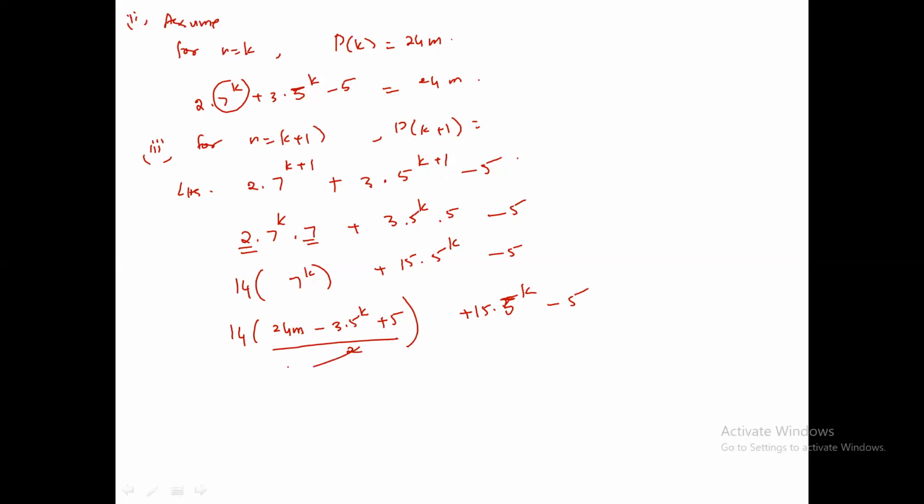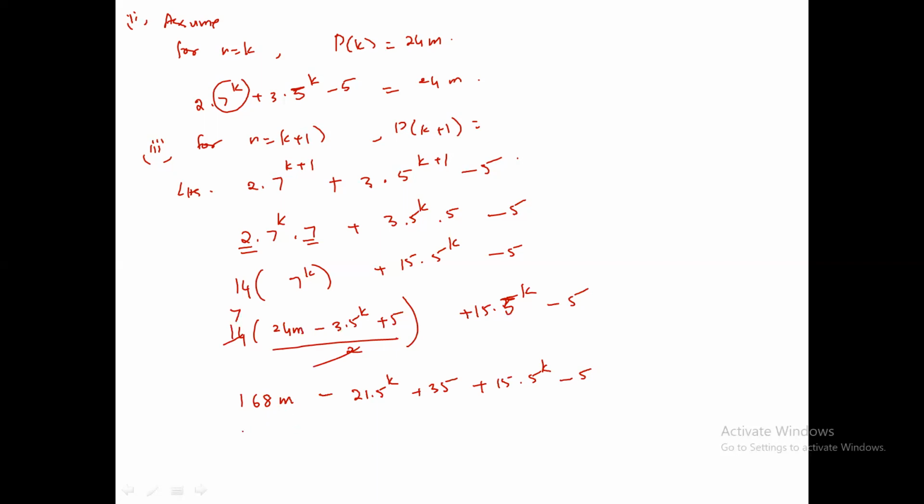So 2 ones, 2 sevens will cancel. 7 fours 28, 7 twos 14, and 16 minus 21 into 5 power k plus 35 plus 15 into 5 power k minus 1. This is what I have.